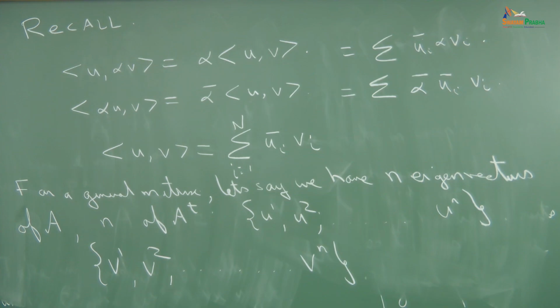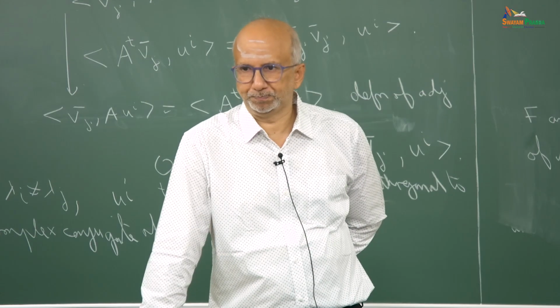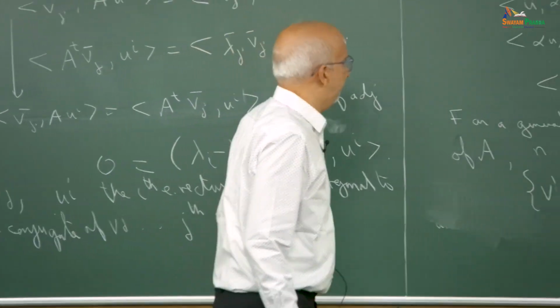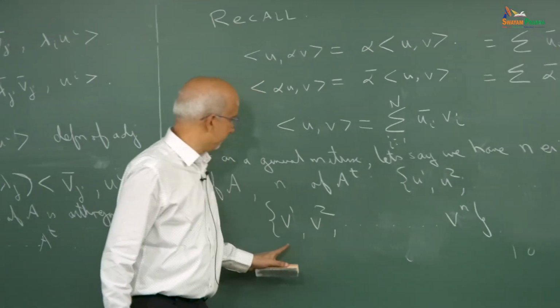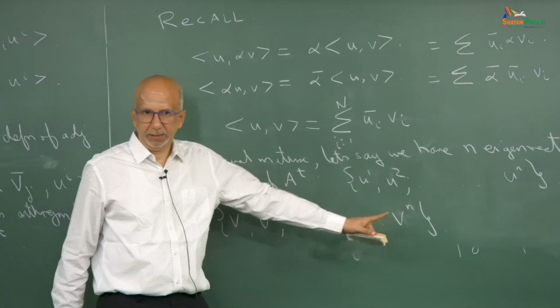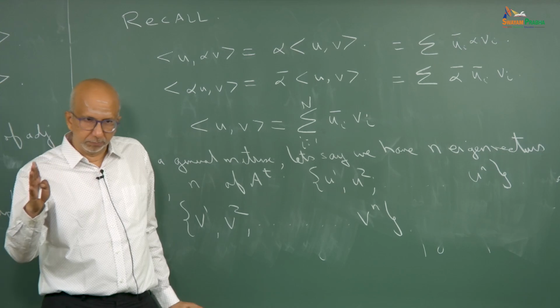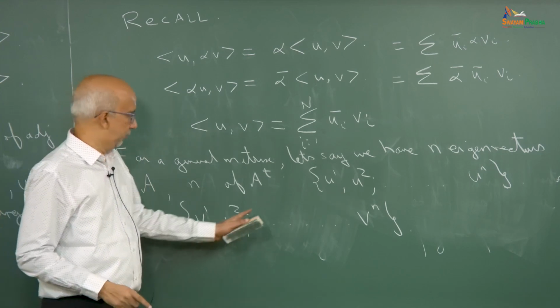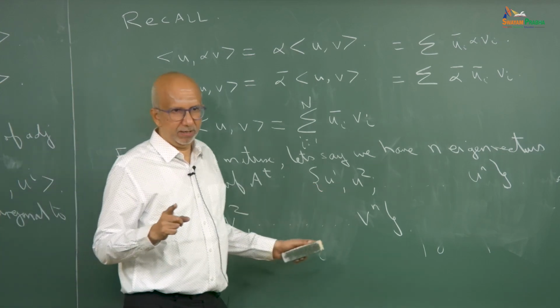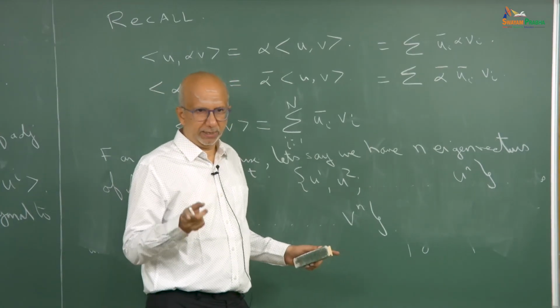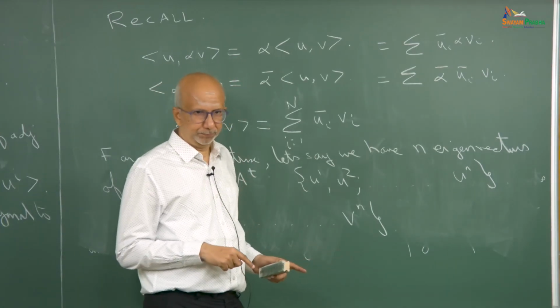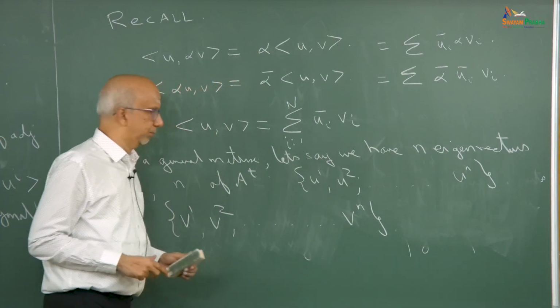Now what is the relationship between these two? I am ordering it, so this one corresponds to lambda 1, lambda 2, lambda 3, that is the order you have to maintain. So U1 is the eigenvector corresponding to lambda 1, U2 is the eigenvector corresponding to lambda 2. Same thing here, lambda 1, lambda 2.